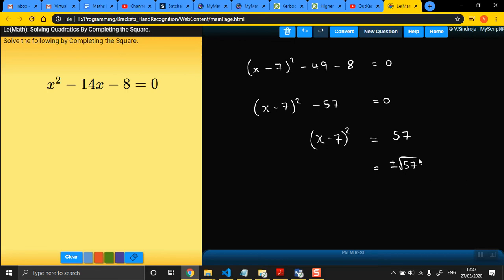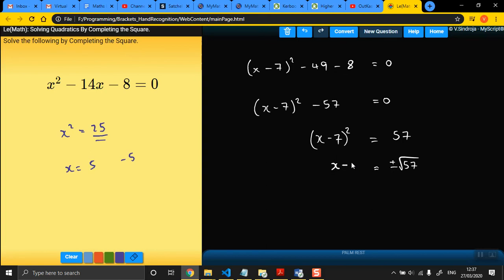So when you square root, typically speaking, the answer is the positive or the negative of that. Because if you think about it logically, if I said to you x squared equals 25, well, that means x could equal 5, because 5 squared is 25, but it could also equal negative 5, because negative 5 times negative 5 is positive 25, so we have to put plus or minus.